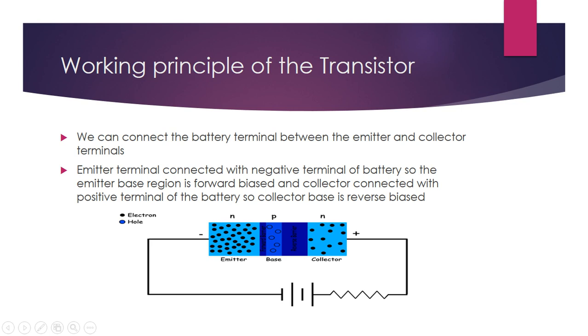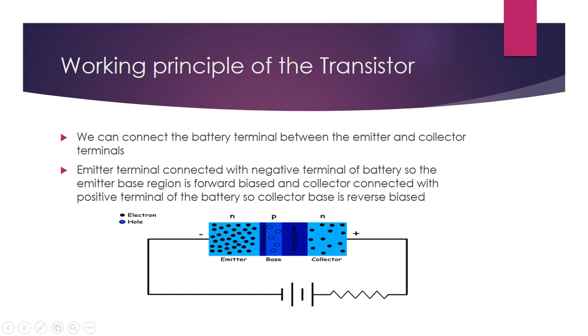It should be noted that this resistor is used to limit the flow of current across the transistor, because as we know, our electronic components are very sensitive. At the start, if we supply too many charge carriers, the transistor may be damaged. So to avoid this kind of thing, we use the limiting resistor.